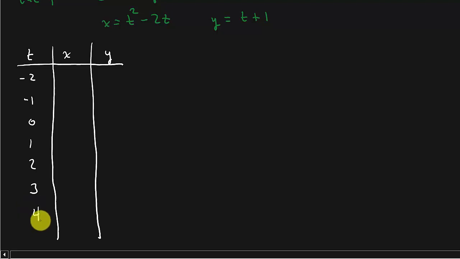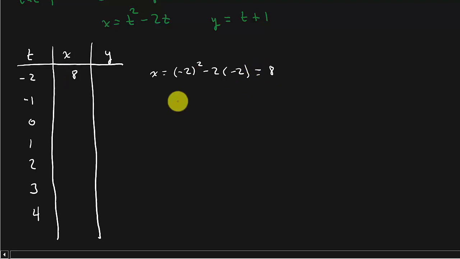All right. And now I want to take each one of these t values and plug it in where x equals t squared minus 2t and y equals t plus 1. So to get our x value, x would be -2 squared minus 2 times -2. All right, and this will give us 8.